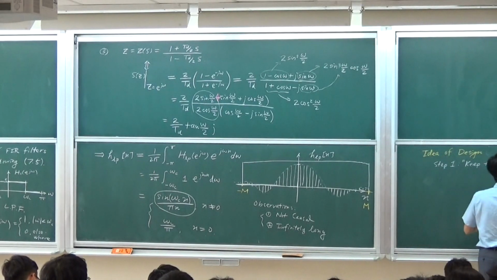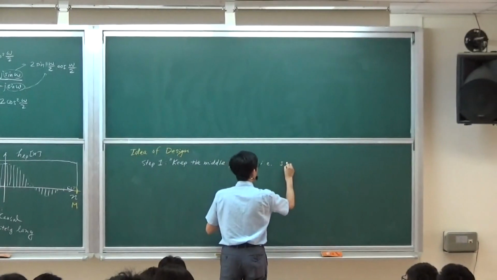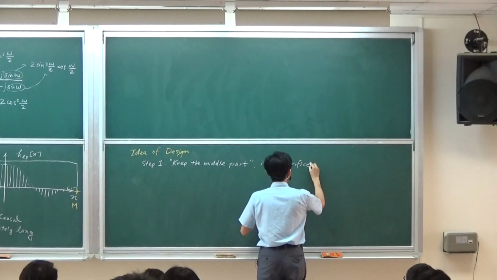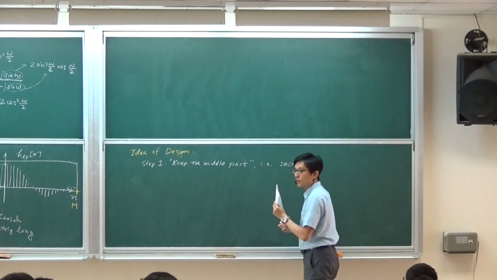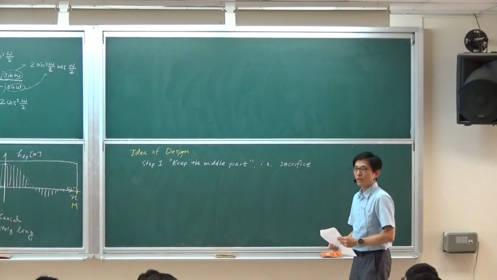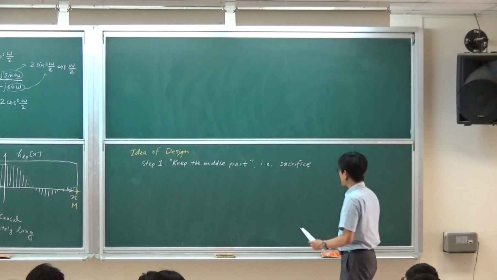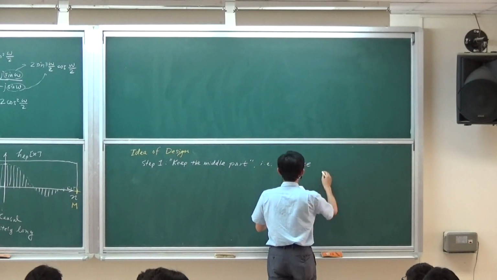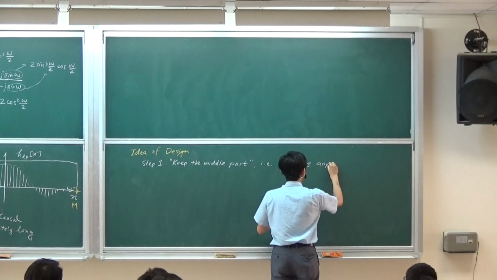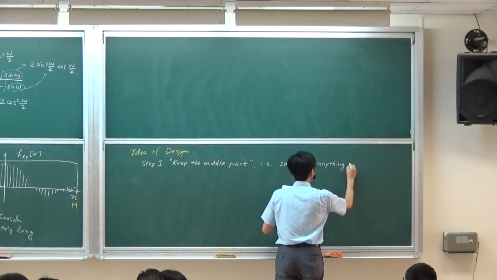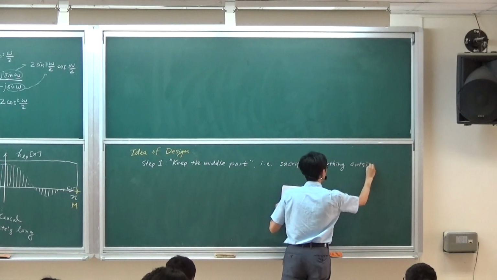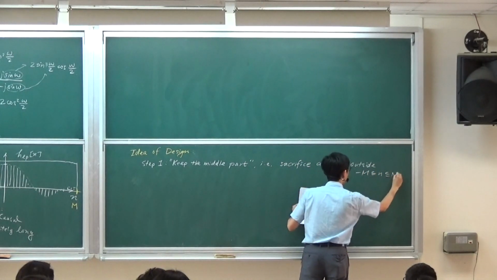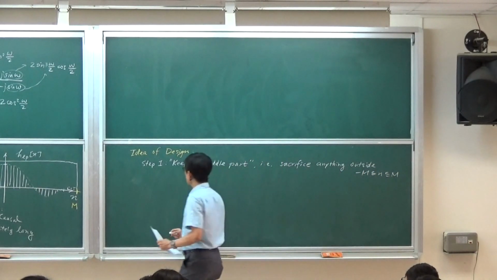In other words, we will sacrifice everything that's outside the range of minus N to N. So that's the first step.